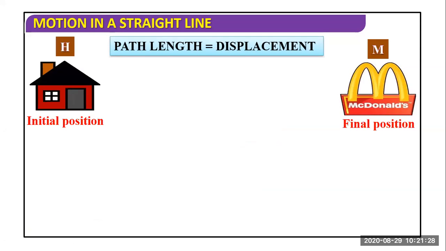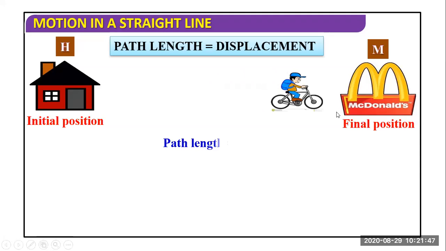So path length is equal to displacement in some cases. That is what we are going to see. If an object moves in a straight line and does not return on its path, then path length becomes the displacement. You can see that the person is going from here to here.